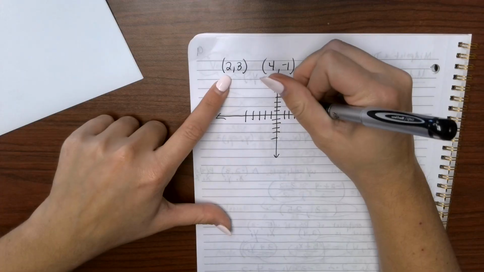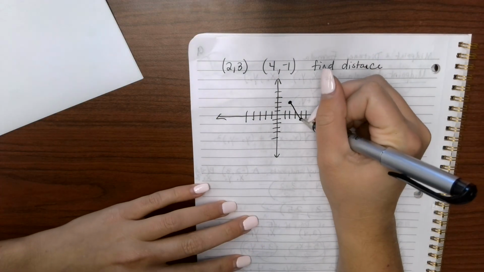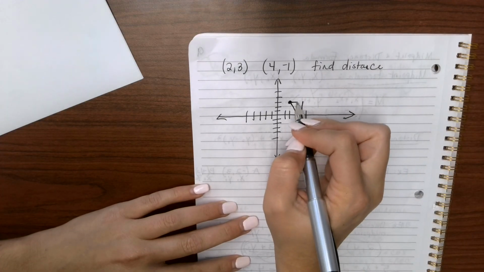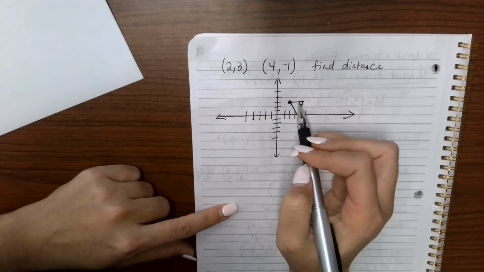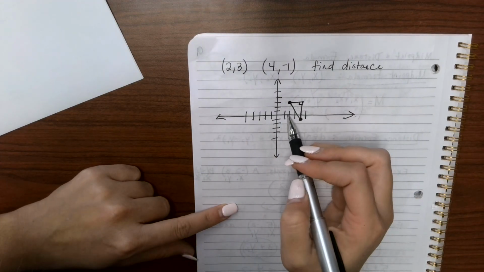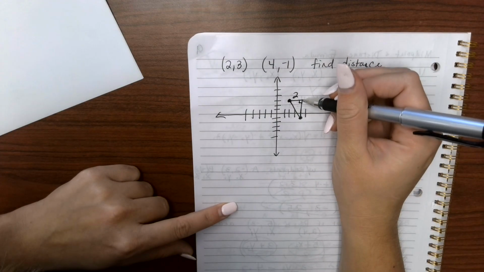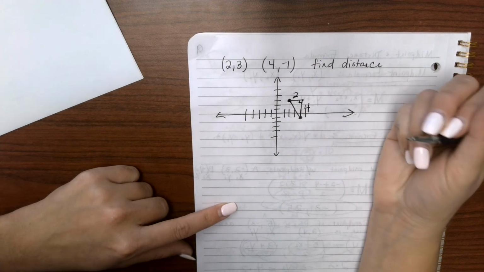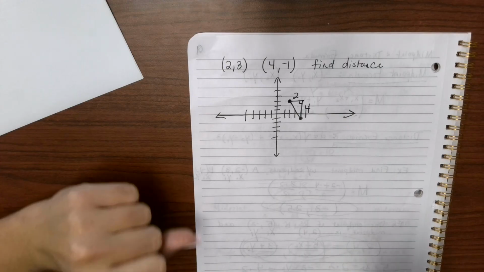Now connect the 2 points and make a right triangle. So you're going to draw one side going up, one side going over. Now you can tell me what this side is right here. It is 1, 2 coordinates. This side is 1, 2, 3, 4 coordinates. Alright, now we all know how to do Pythagorean theorem.